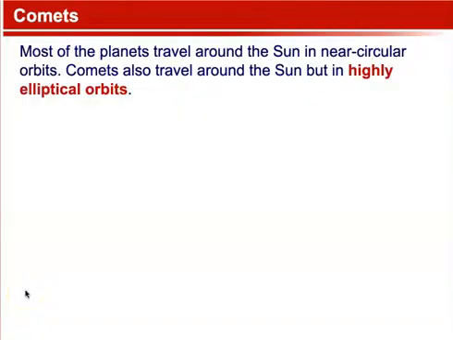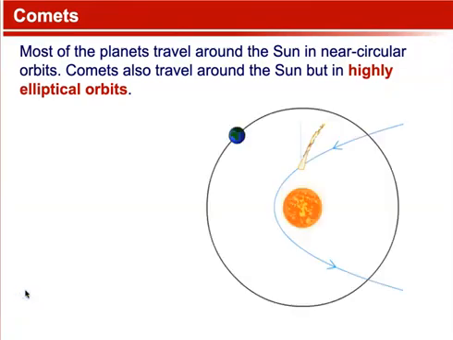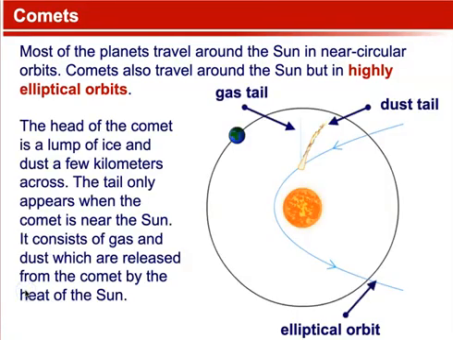Comets. Most of the planets travel around the Sun in near circular orbits. Comets also travel around the Sun, but in highly elliptical orbits. The head of the comet is a lump of ice and dust a few kilometers across. The tail only appears when the comet is near the Sun.